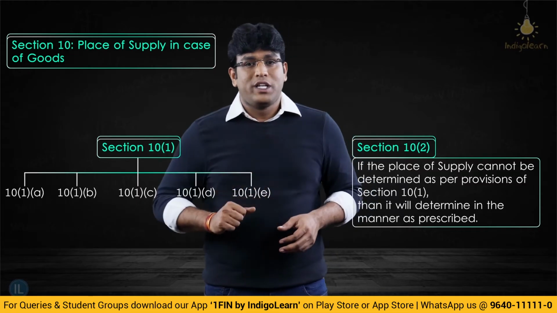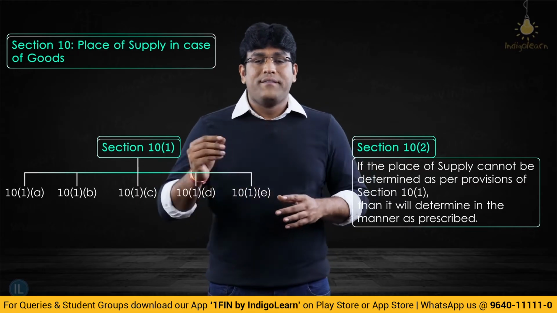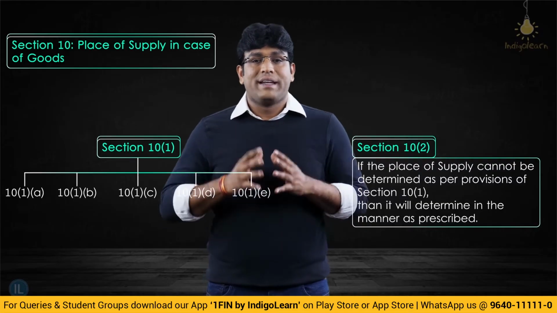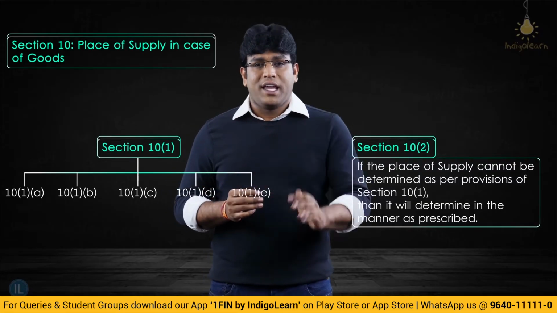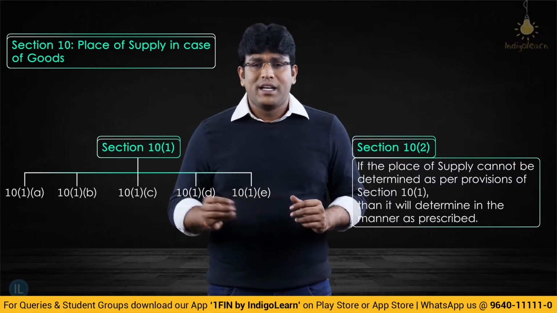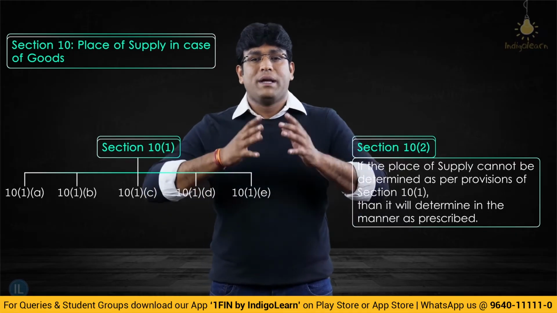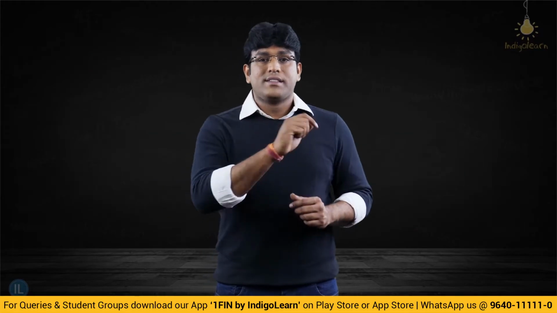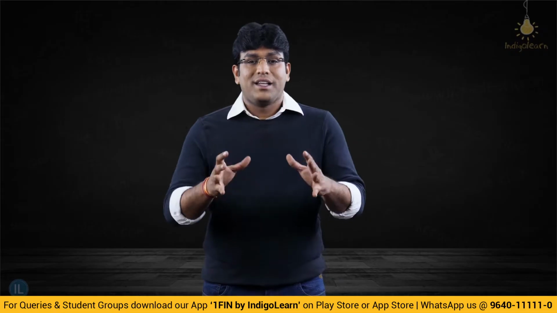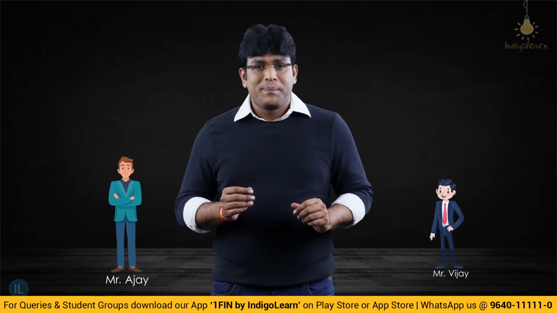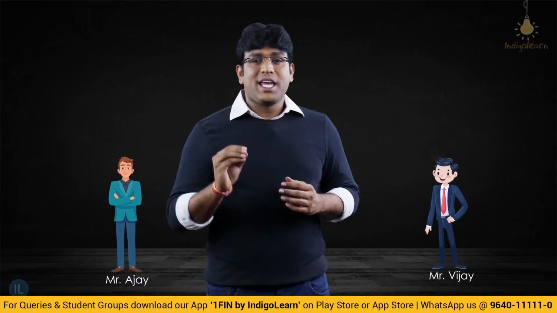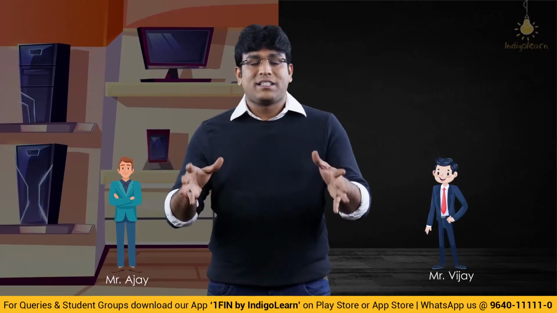So our focus is only on 10 subsection 1, in which we have 5 clauses: 10.1a, 10.1b, 10.1c, 10.1d, 10.1e. Let's talk about every point in detail and become perfect. Let's say, for example, there are 2 persons, Mr. Ajay and Mr. Vijay. Mr. Ajay is a wholesaler in electronic goods and Mr. Vijay is a retailer in electronic goods.